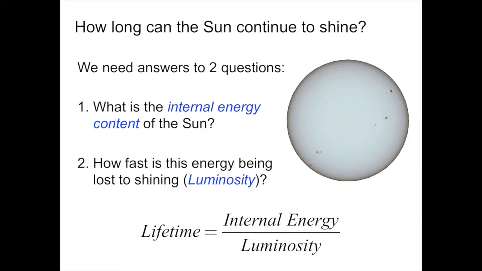In this case, the lifetime of the sun, or an estimate of the typical time scale of the sun to shine at a more or less steady rate, will be how much energy you have divided by the rate at which you are losing that energy to luminosity.